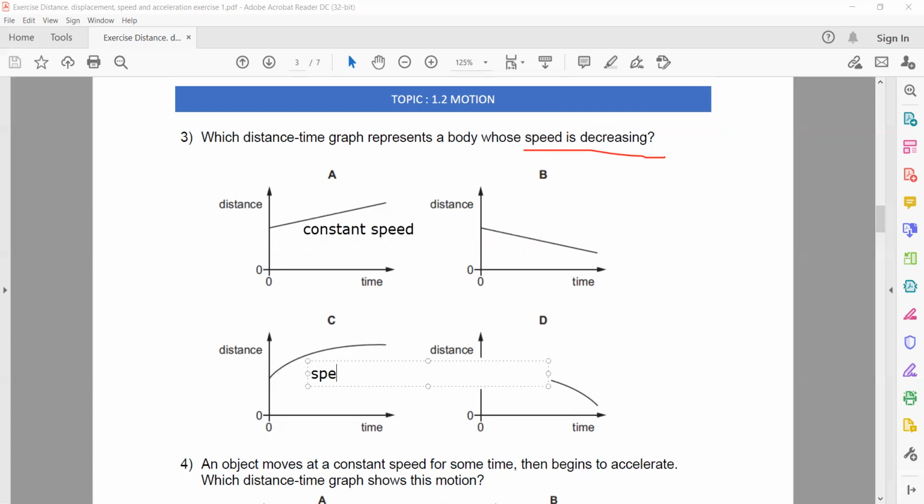Here the speed is decreasing because the slope or the angle is representing the speed for a distance time graph. When we check this angle, in the beginning it is steeper, but here the angle is decreasing, so the slope is decreasing. So C will be the right answer for this.